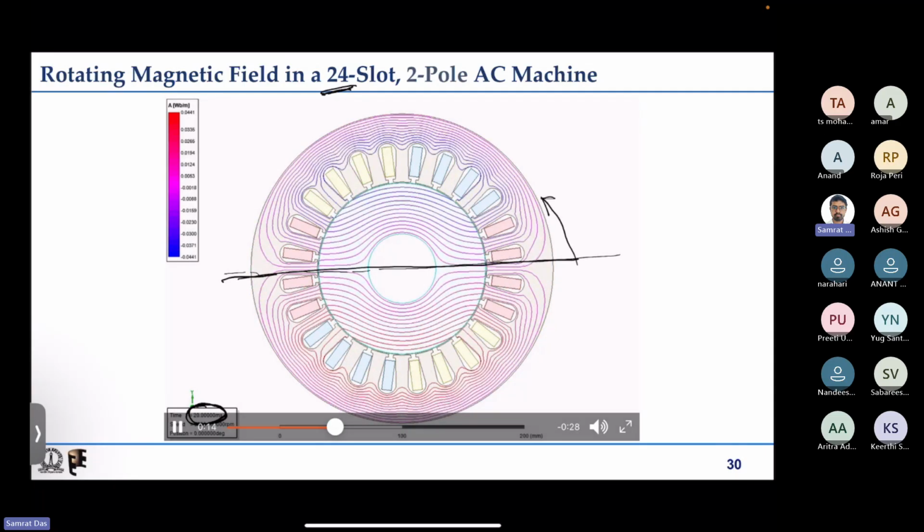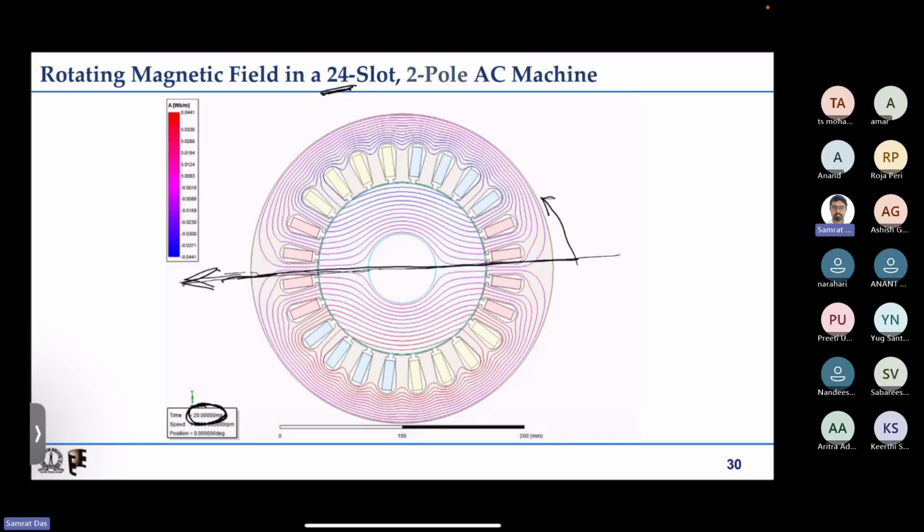It started rotating, then it became opposite, in the opposite direction. It came to this 270 degree, and after 20 millisecond it again came back to the original position of the magnetic field. So this is a simulation for a 24 slot two pole machine, because there are only two poles in this case.